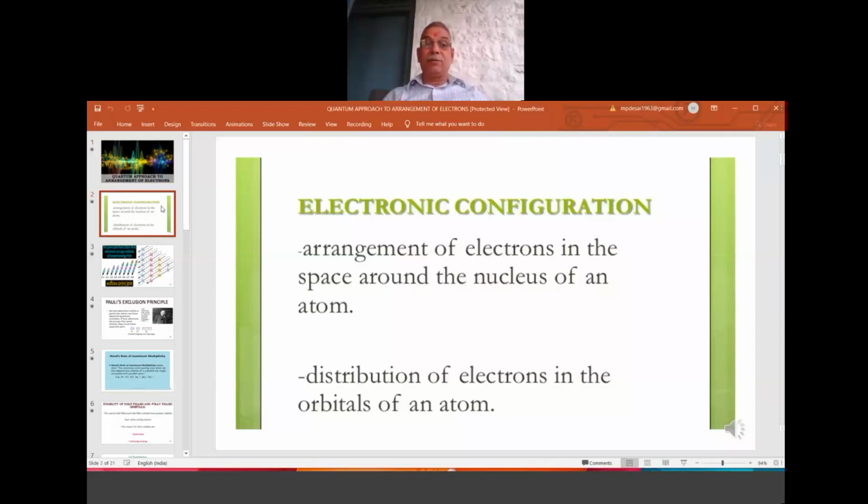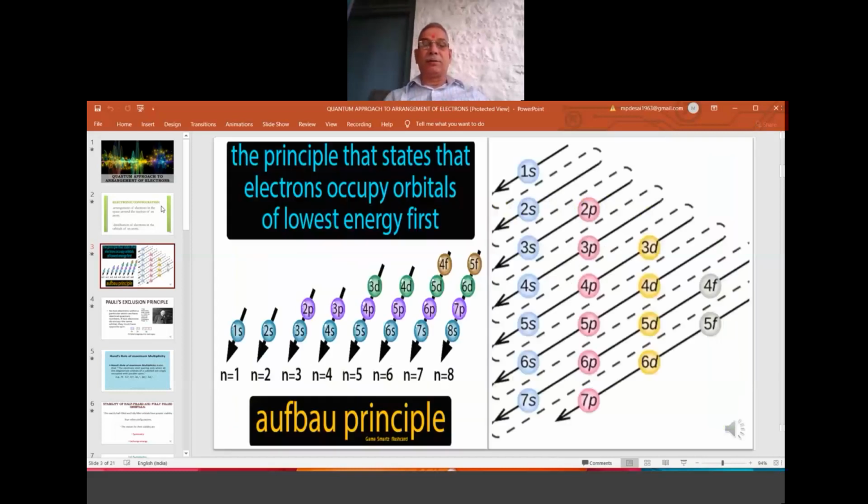Then we went to Aufbau principle. Aufbau principle is to build up electrons from the nucleus onwards. So left side, not right side.